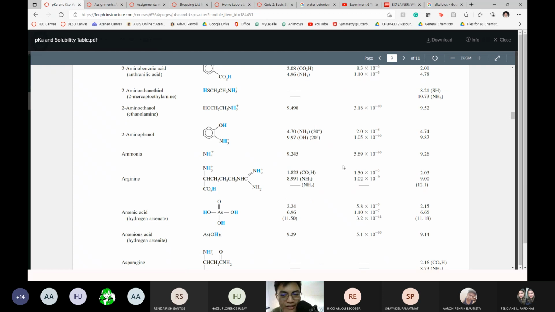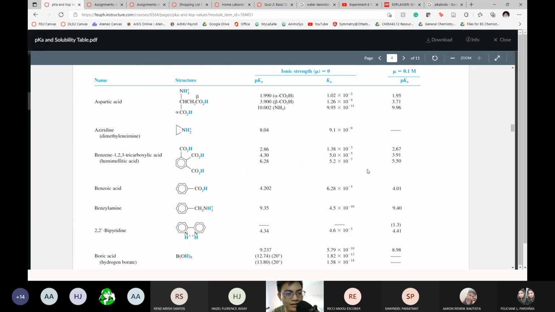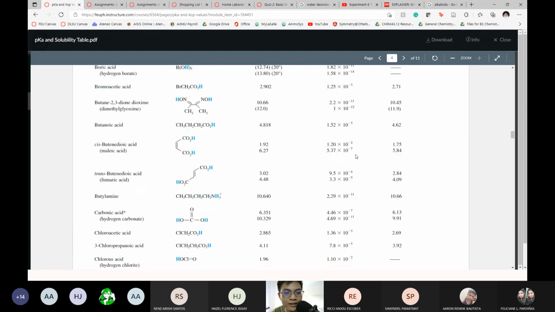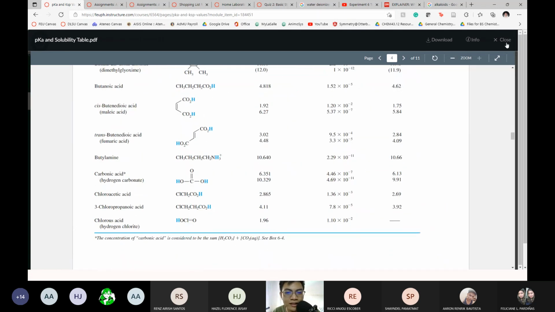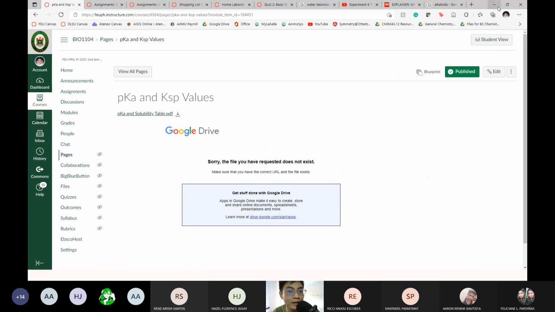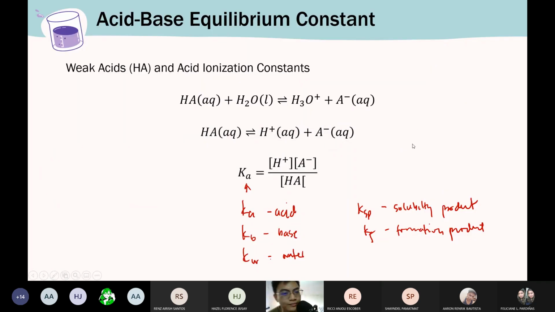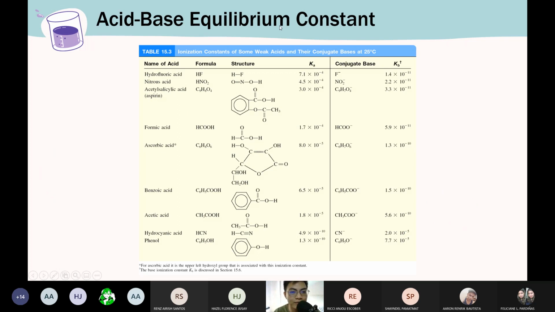Let's say you have ammonia, the Ka value is 5.69 times 10 raised to negative 10, etc. So, lahat ng K values natin, nakatabulate. Meron din pala sa PowerPoint. The equilibrium dissociation constants for acids are already tabulated.